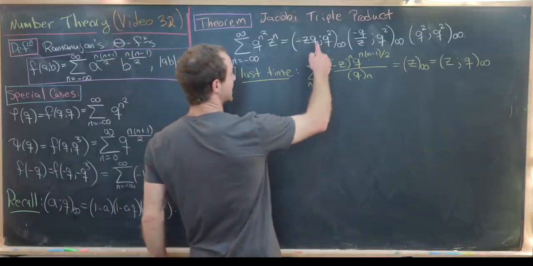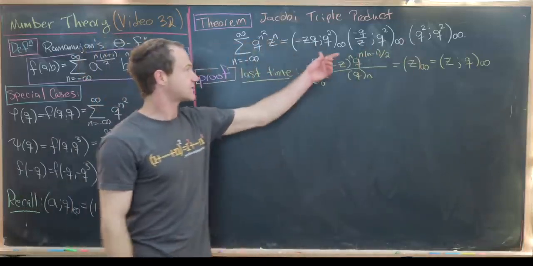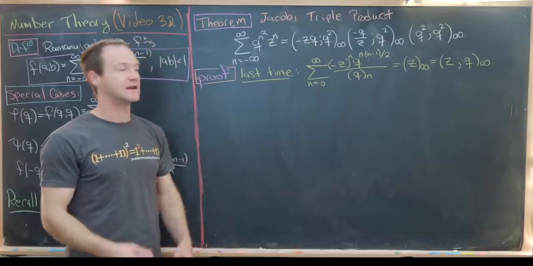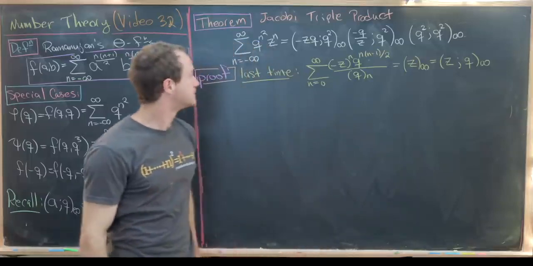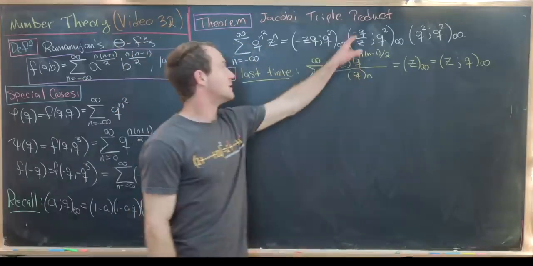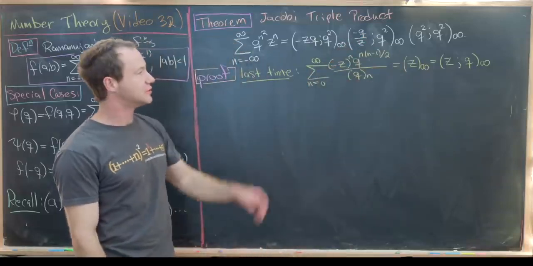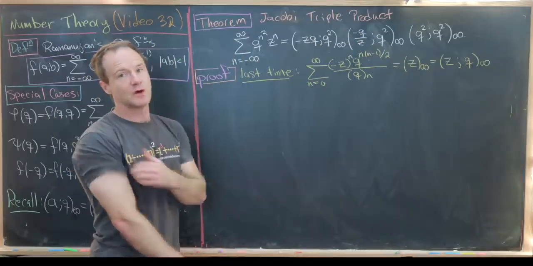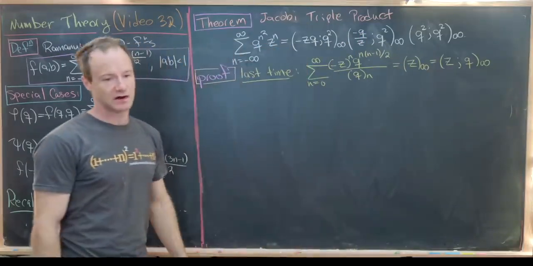And on the right-hand side, we have a product of three things. And these three things are each infinite products themselves, given by this formula over here. So we've got (minus zq; q squared) infinity, (minus q over z; q squared) infinity, and then (q squared; q squared) infinity. Where again, these are expanded like this over here, as we'll see in our proof.